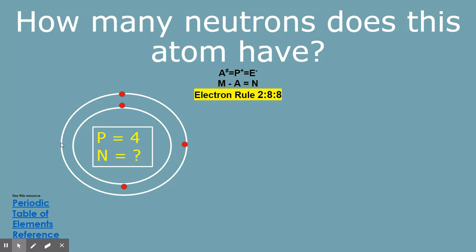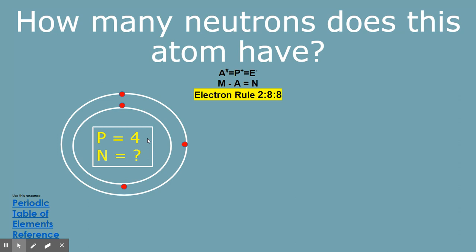How many neutrons does this atom have? So we know that there are 4 protons in the nucleus. If we wanted to determine how many neutrons were in this atom, we would have to find the mass of the atom.